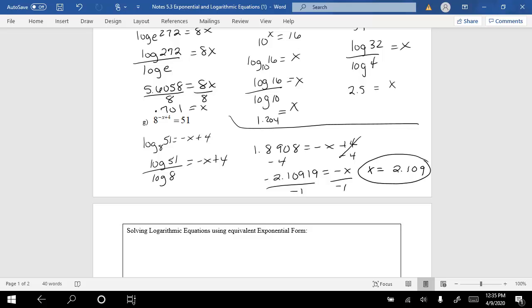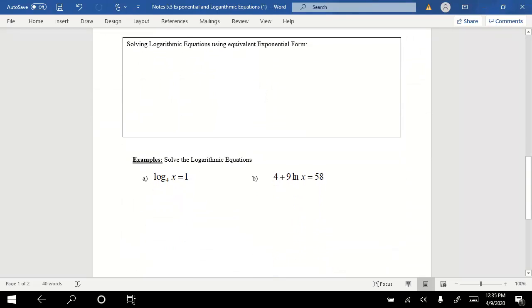Now we're going to go in the opposite direction. We're going to solve logarithmic equations using equivalent exponential forms. Okay? So number 1, here are your steps.